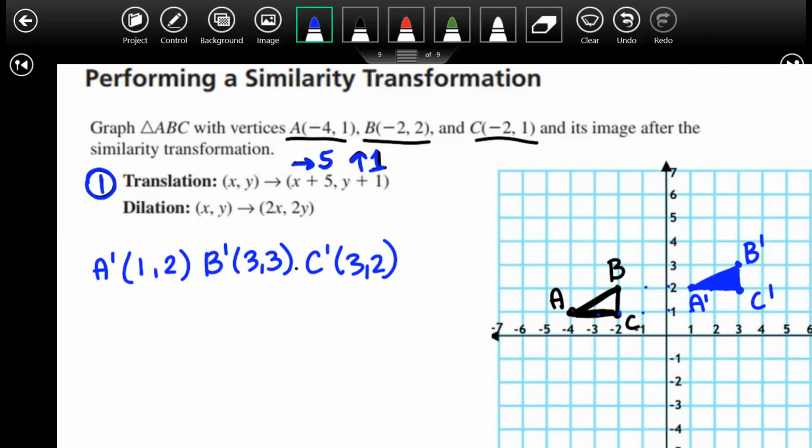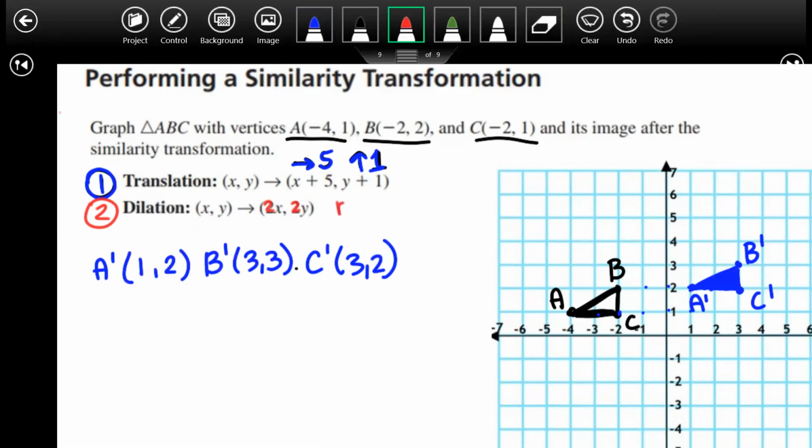Now, the second part is telling us to do what to our transformation? By 2. So in this case, it's using the dilation. Dilation we know to be a multiple. In this case, our multiple happens to be 2.